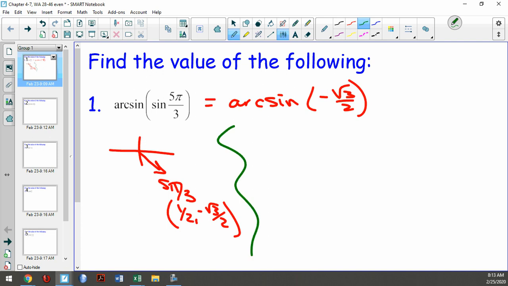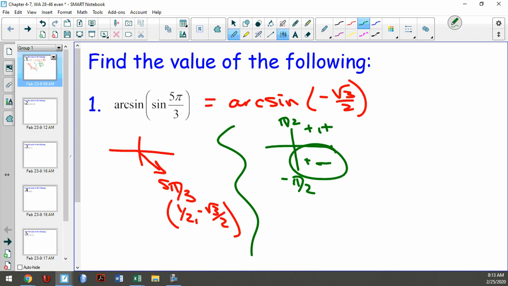Now, I need to go to the next concept, which is the arc sine of negative square root of 3 over 2. Well, if I am negative square root of 3 over 2, and I'm a sine value, sine goes from negative pi over 2 to pi over 2, positive, positive, positive, negative. That means I am in quadrant 4. Do we all understand that? Yes? Which we already knew, because that's what 5 pi over 3 is.